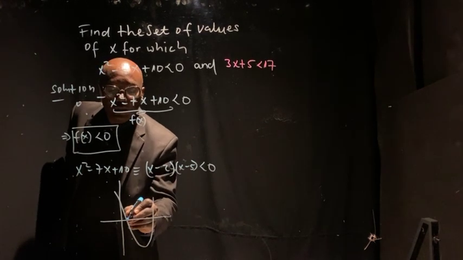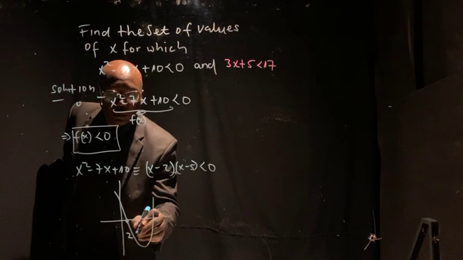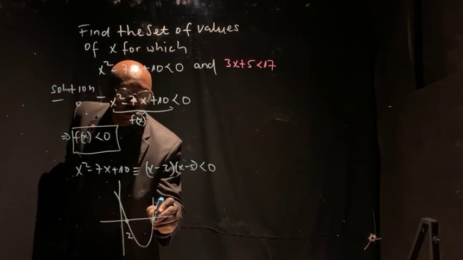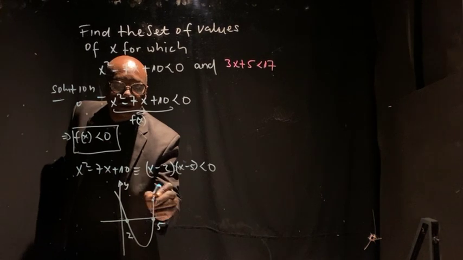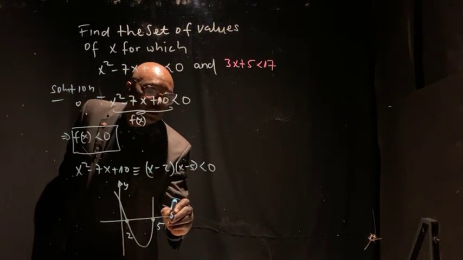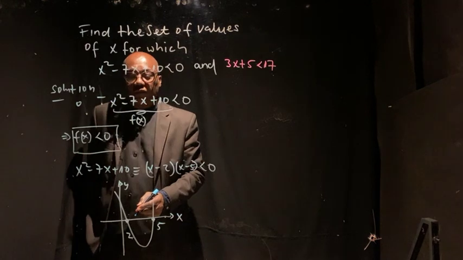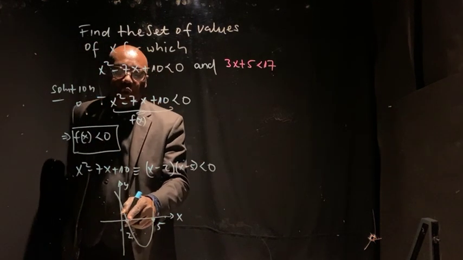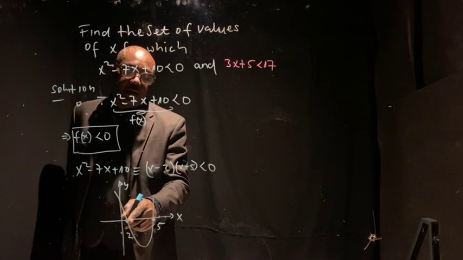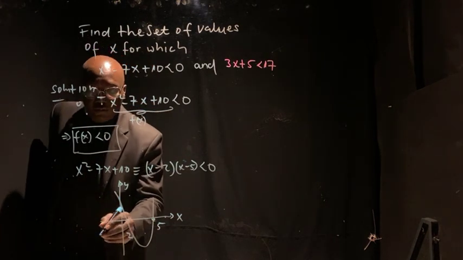In which case, this one will be 2, and this one will be 5. And this is the y-axis, and this is the x-axis. So we are after the values of x that are below the x-axis.